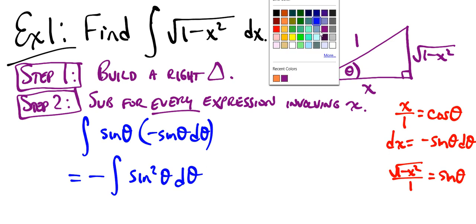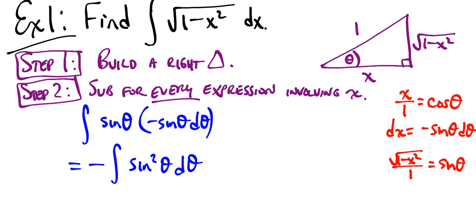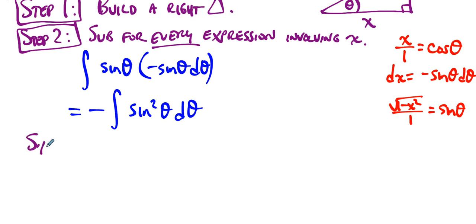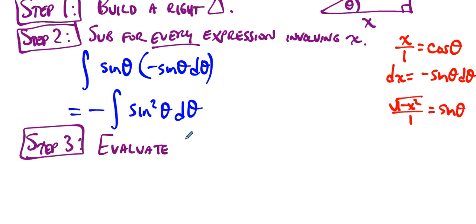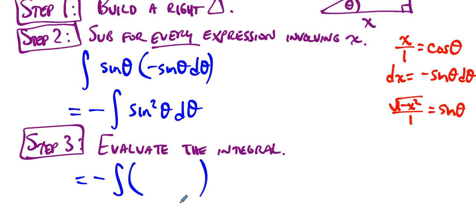Step 3 is to evaluate the integral. Well, we just did how to evaluate integrals like that. We substitute a double angle. That's a double angle.